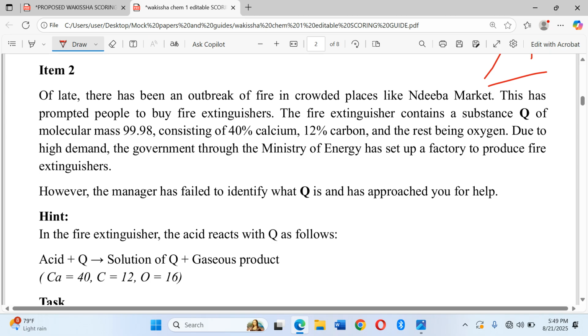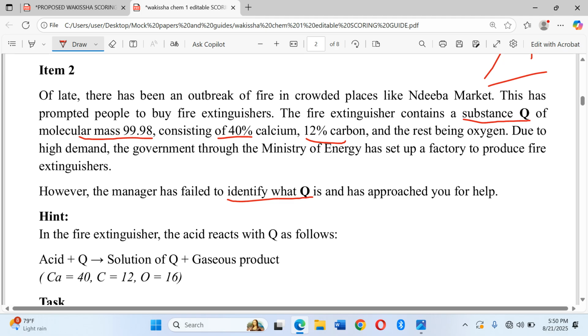The fire extinguisher contains a substance Q of molecular mass 99.98, consisting 40% calcium, 12% carbon, and the rest being oxygen. Due to high demand, the government, through the Ministry of Energy, has set up a factory to produce fire extinguishers. However, the manager has failed to identify what Q is and has approached you for help.